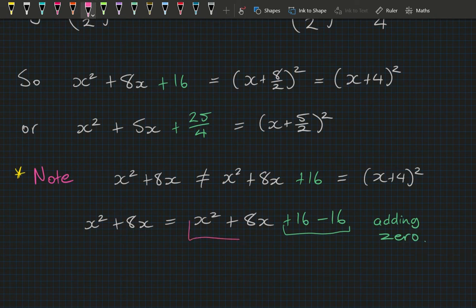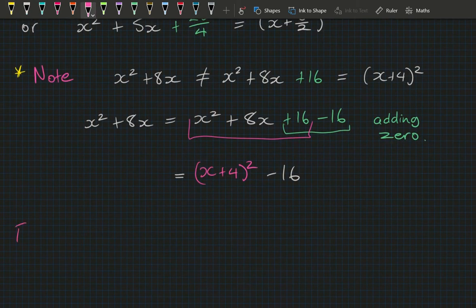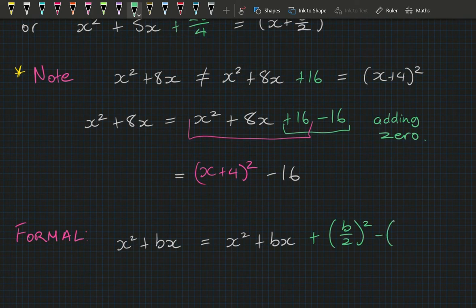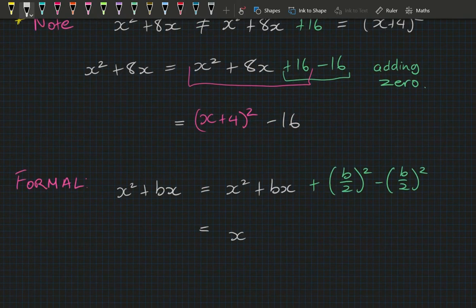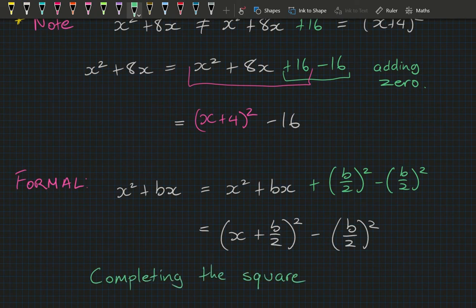And now we know this part here is (x plus 4) all squared, but we've still got that other minus 16 there. So to put this in formal notation, when we have x squared plus bx, then we add (b on 2) squared minus (b on 2) squared, to get (x plus b on 2) all squared minus (b on 2) squared. This is called completing the square.